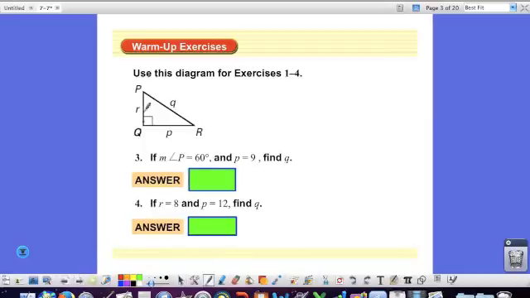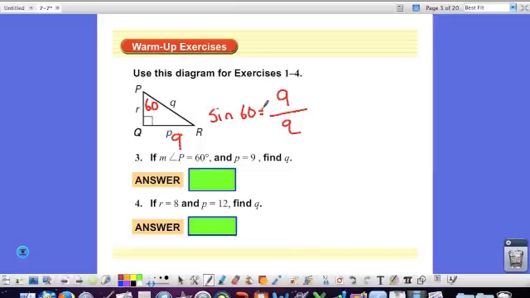More of these types of exercises. If the measure of angle P is 60 and the length of P is 9, then they want us to find Q. So I have opposite over hypotenuse. So sine is opposite over hypotenuse. So the sine of 60 equals that.